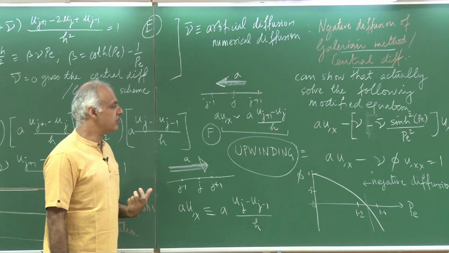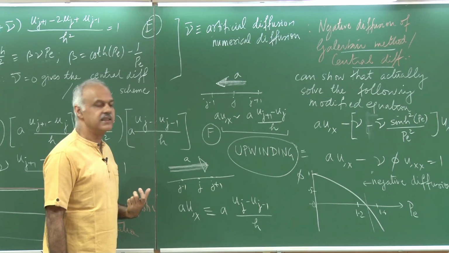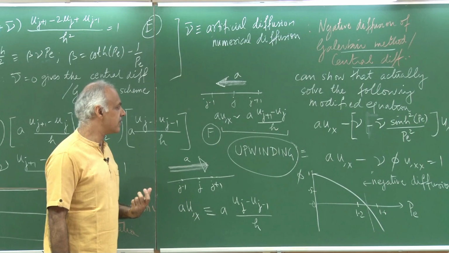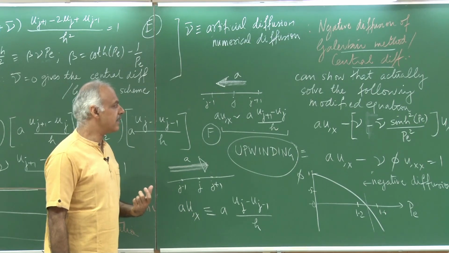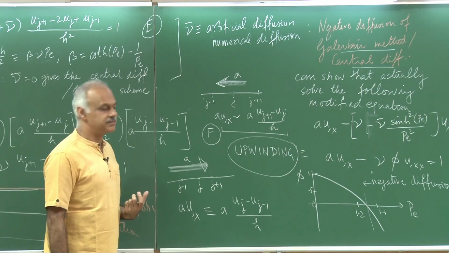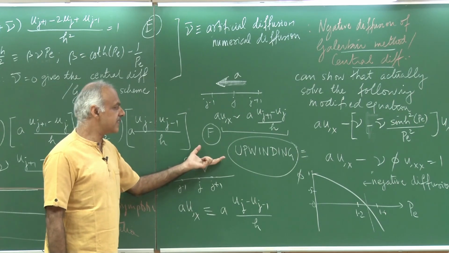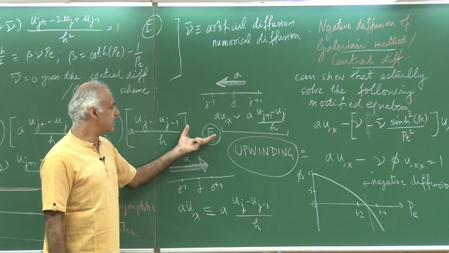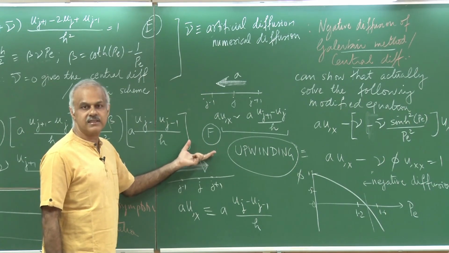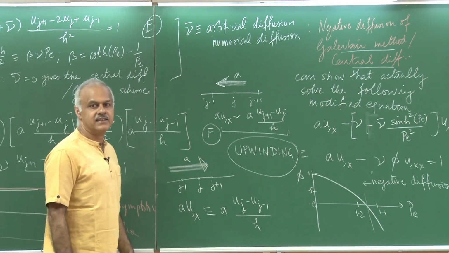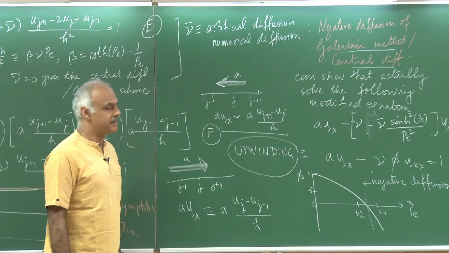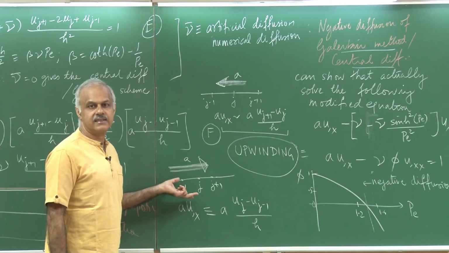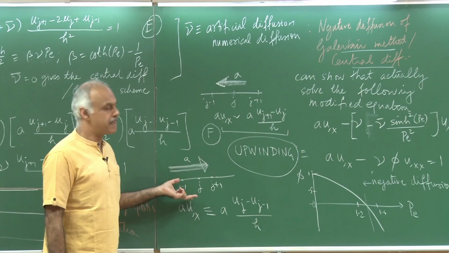So you have just added the artificial diffusion, and it appears as if you are solving some kind of a problem with more diffusion added to the system. Upwinding seems a little bit easier to come to terms with, because here there is no artificial diffusion, you are simply respecting the flow of information. Okay. Both these are acceptable methods.